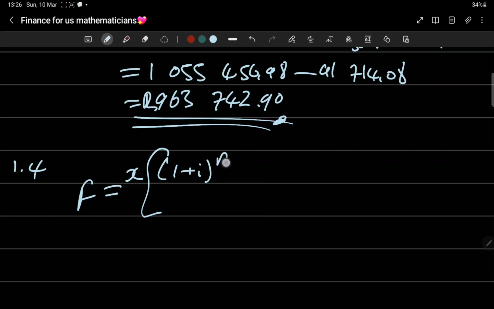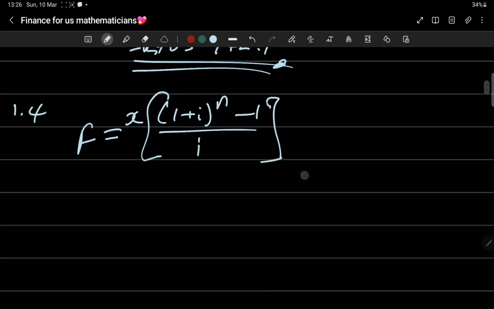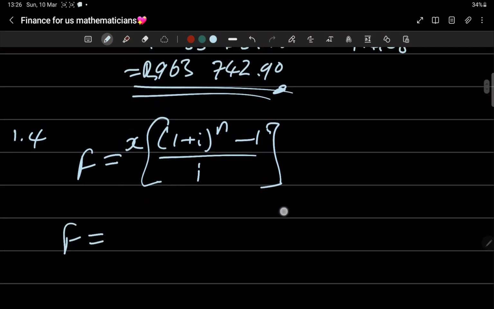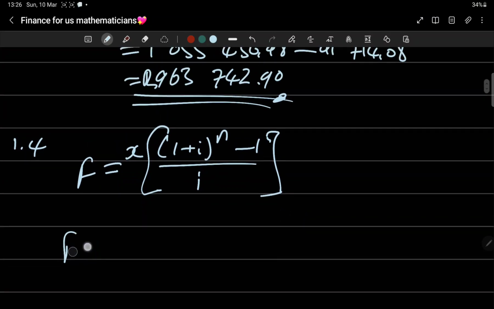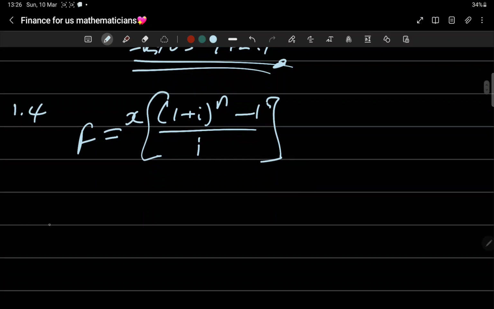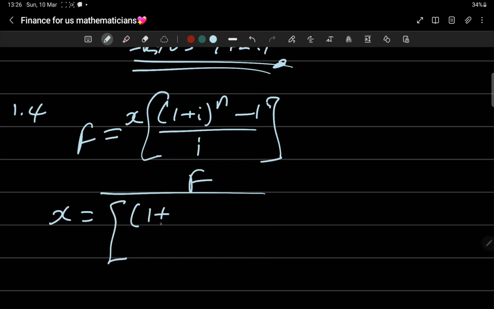1 plus i to the n minus 1, everything over i. Then F equals, we need X, so let's make X the subject. We divide everything by this box. We can also substitute here and then divide later, still fine.